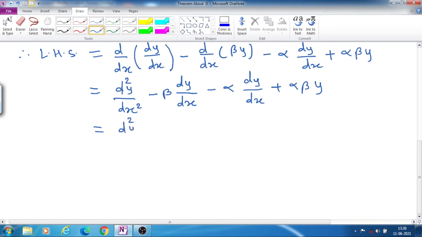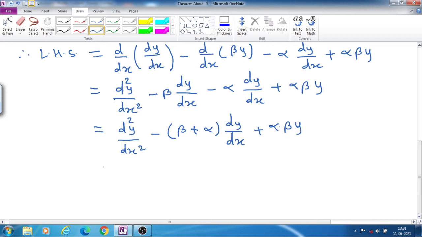So we get d2y by dx square minus dy by dx common, in the bracket remains beta plus alpha, the minus sign being outside the bracket, plus alpha into beta into y.